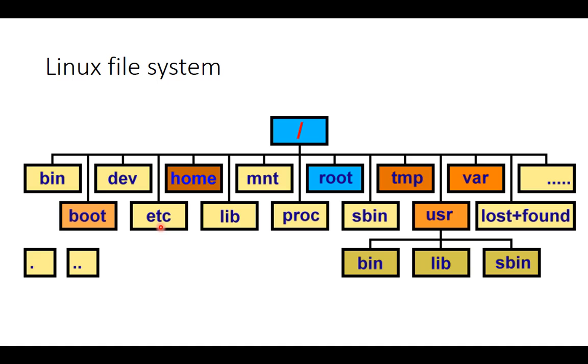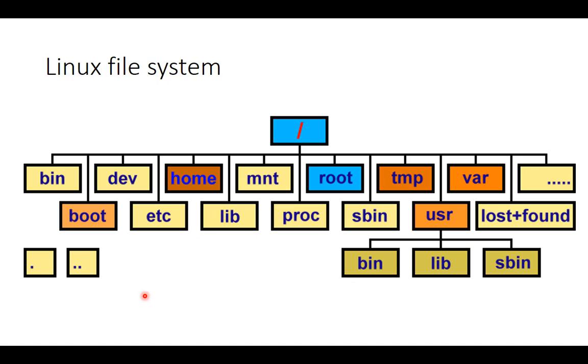And etc is the directory which holds service-specific configuration files, like the web server configuration files, email server configuration files, even the user passwords, and many more. And this is the lib folder, which stores the library files, and there are many more.